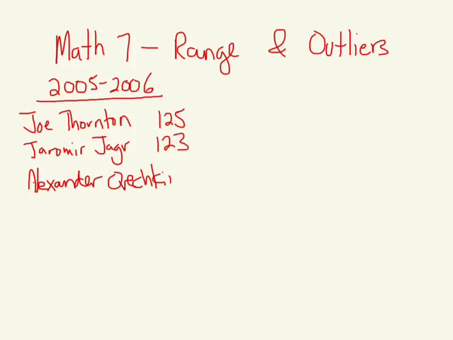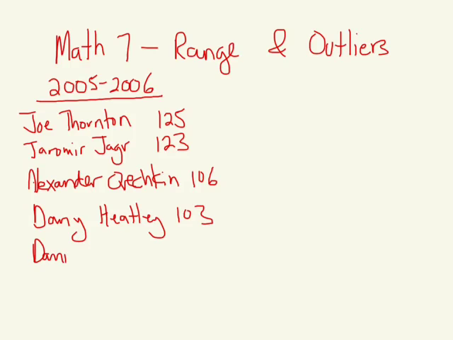And as a rookie, he scored 106 points. Then Danny Heatley scored 103 points. I think he was still with Ottawa then. And his teammate in Ottawa, Daniel Alfredsson, also scored 103 points. Okay, so here's a set of data.